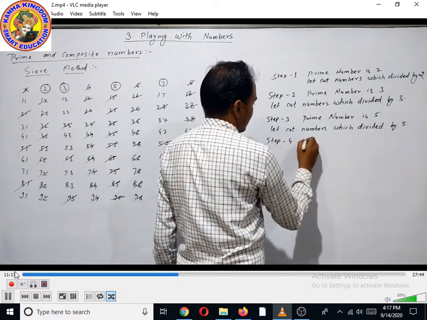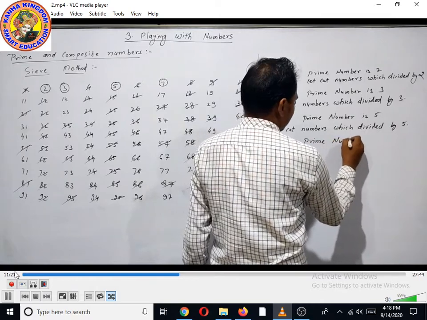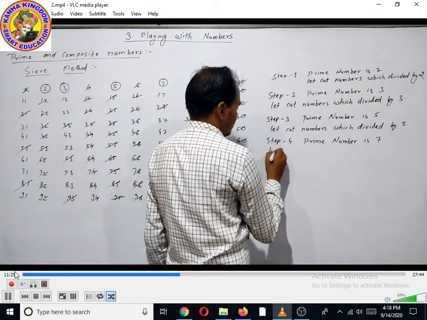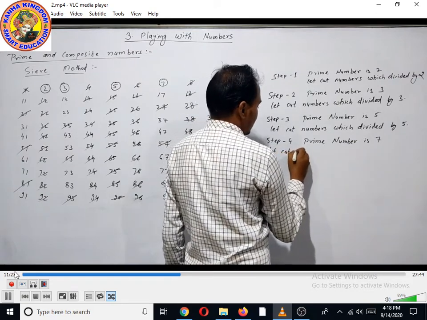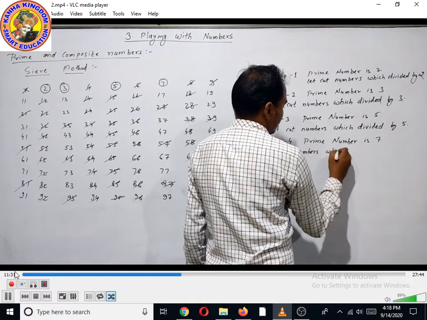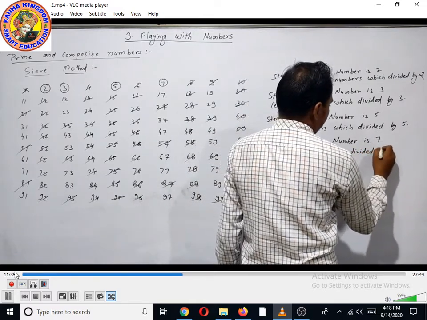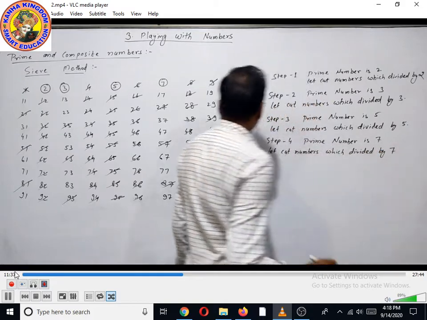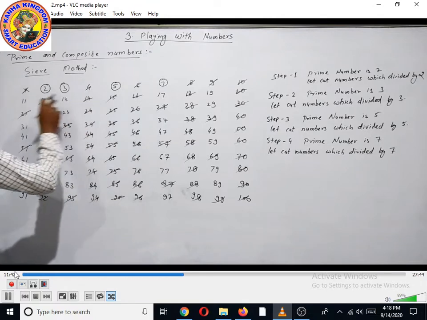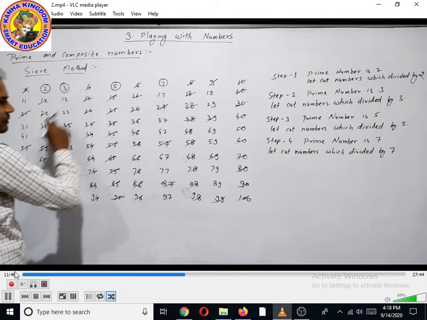Step 4: the prime number is 7. Let's cut numbers which are divided by 7: 7, 14, 21, 28, 35, 42, 49.